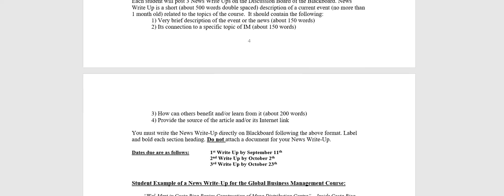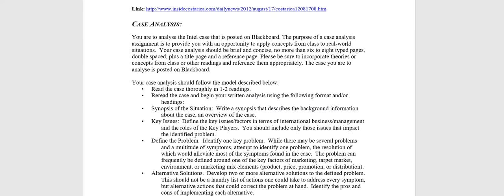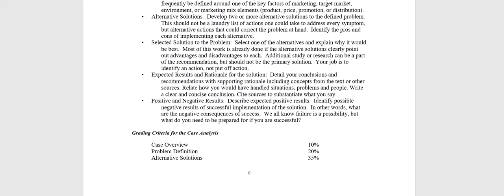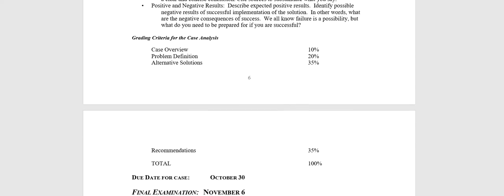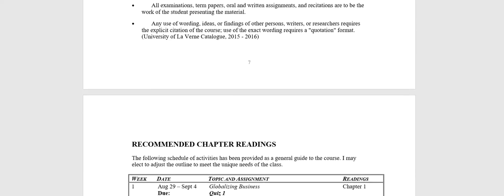The very first one is due this September 11, the second one is October 2nd, and the third one October 23rd. Now let's go to the case analysis. I will ask you to respond to the case and answer it properly, and I am going to grade you on the overview, the definition, and the alternatives and recommendations. That will be the rubric for the case.